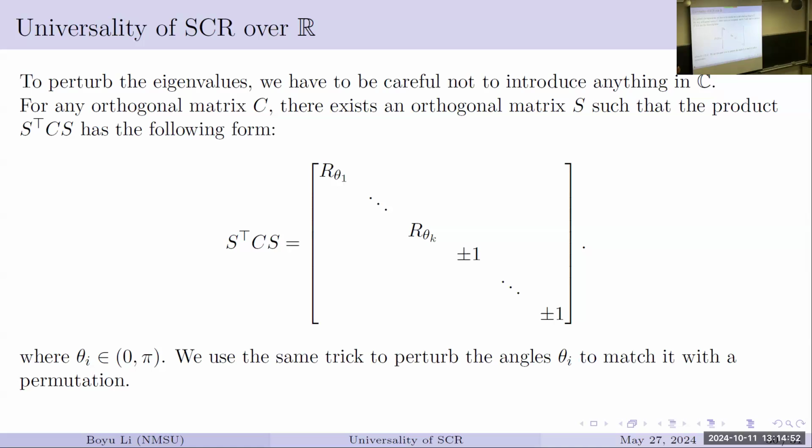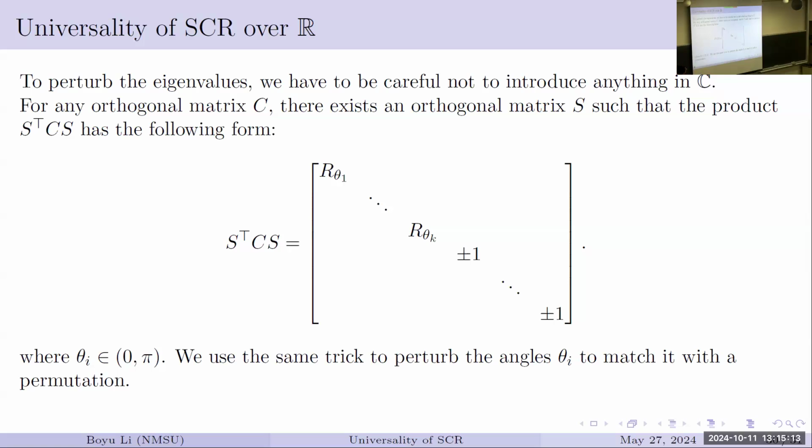You have a bunch of +1 and -1 as your eigenvalues, and when you have an orthogonal matrix, you have a bunch of rotation blocks. These are 2 by 2 blocks, basically cosine, sine, negative sine, cosine. So this is not exactly their eigenvalue, but close enough.